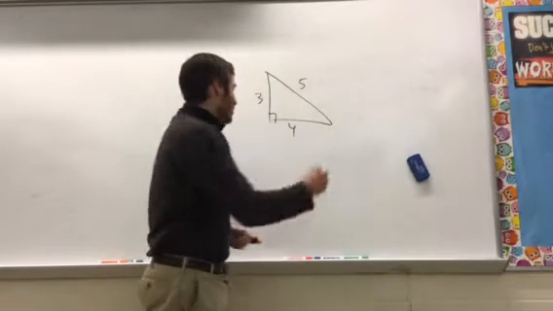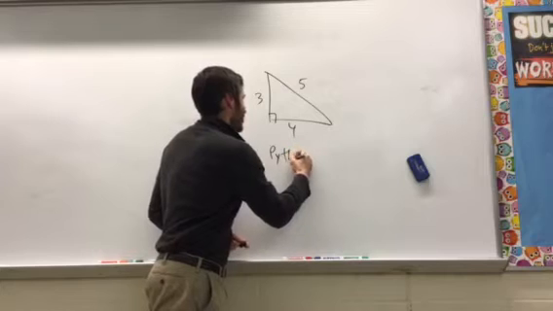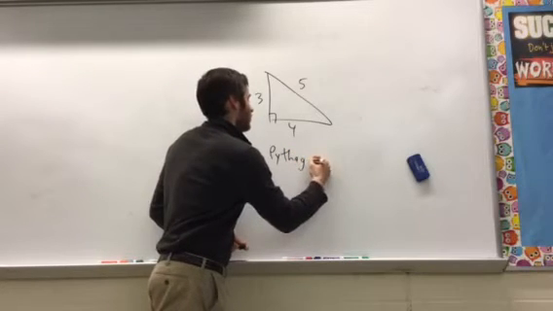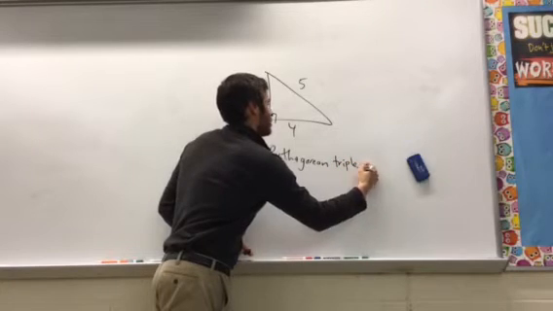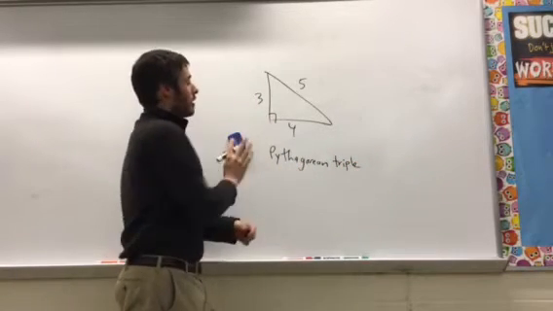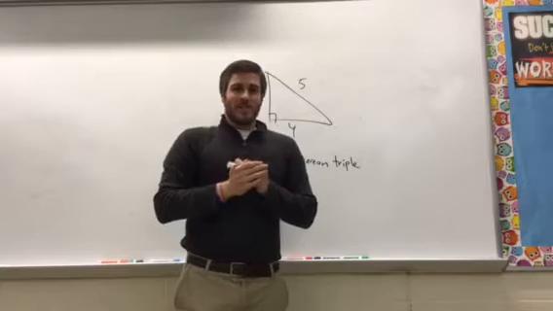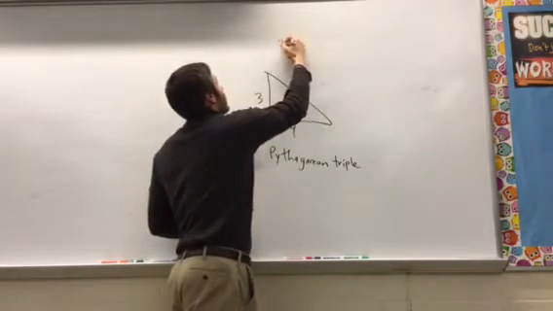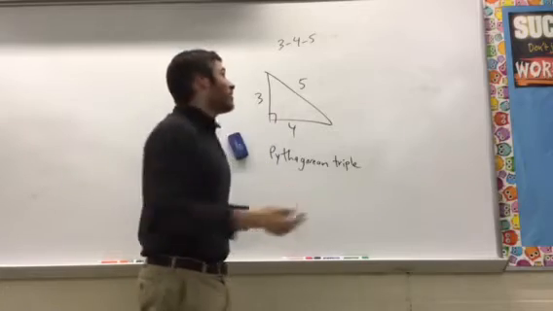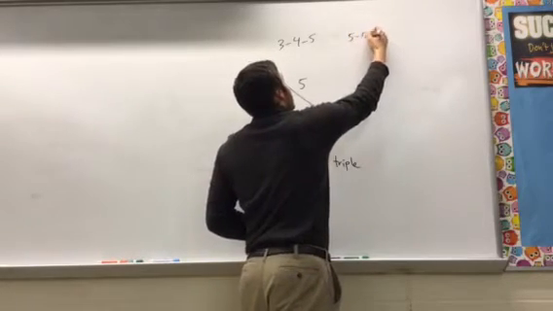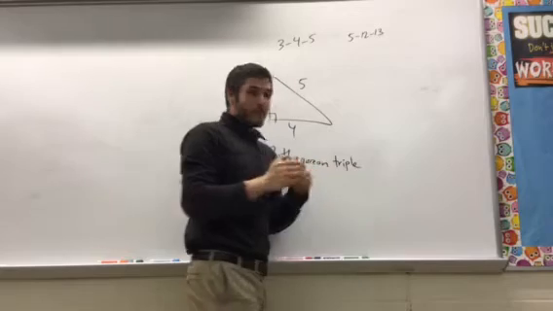Pythagorean triple. This is how it's spelled. Pythagorean triples, something like 3, 4, 5 is a Pythagorean triple. You probably found 5, 12, 13 works.